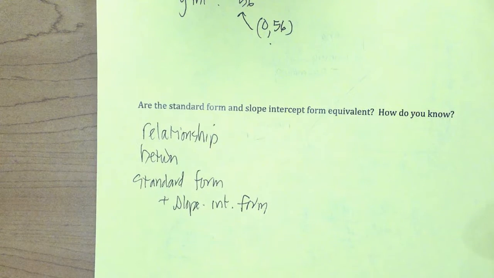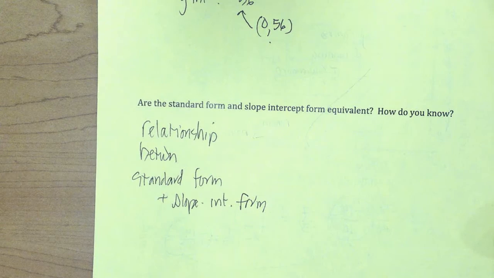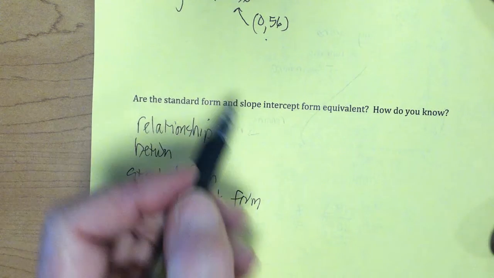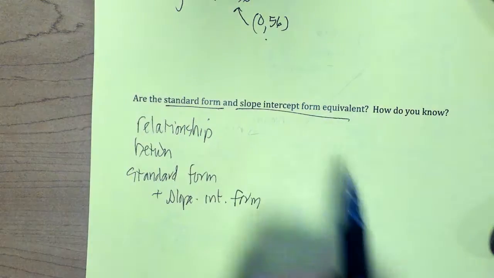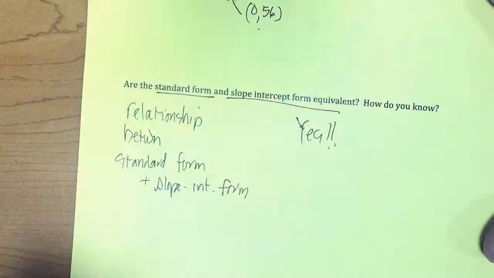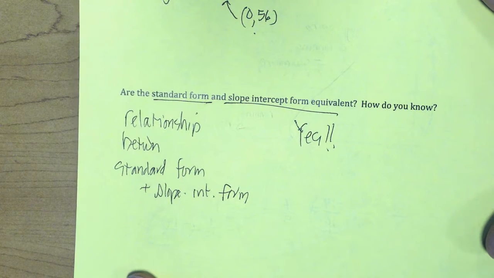That's why we did this. I didn't want you to just do it in isolation. I want you to see that the standard form and slope-intercept form are equivalent. Yes, they are. And how do I know that they are?